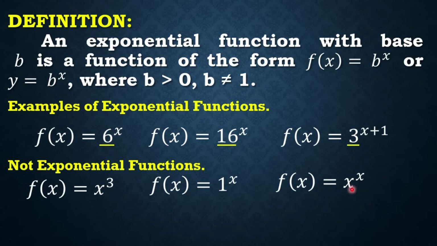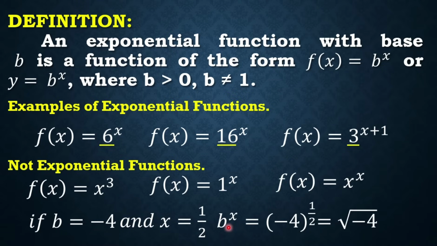Okay, bakit hindi pwede maging negative numbers yung base natin? For example, meron tayong base na negative 4 and yung exponent natin is 1/2. We try to evaluate this. Negative 4 raised to 1/2, the answer is square root of negative 4.